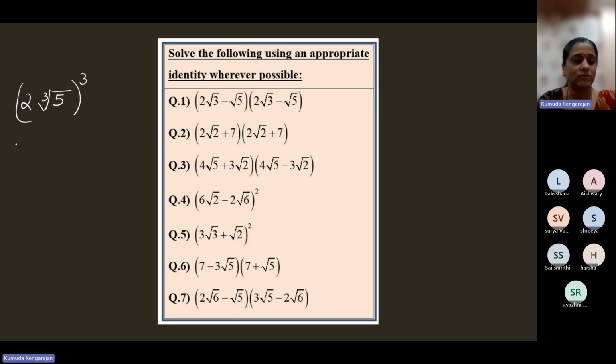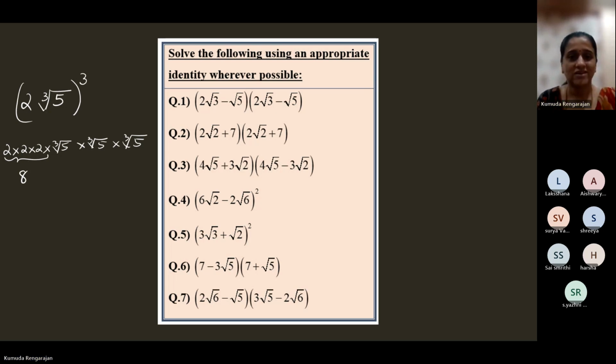See, we need to multiply 2 3 times and cube root of 5 3 times. So now this is 8. Here it is not from 3 to 1, 2 comes out. That's not under any radical sign. It's 2 into 2 into 2, which is 8.